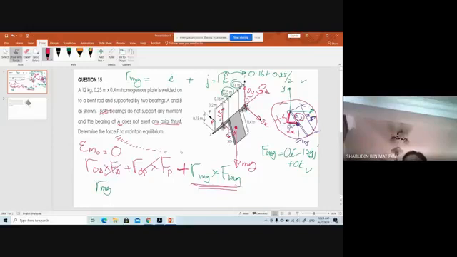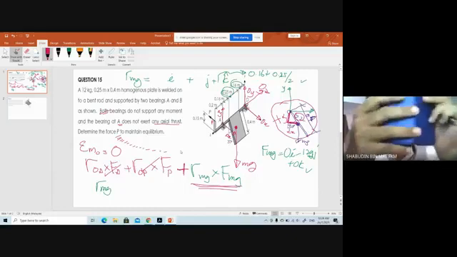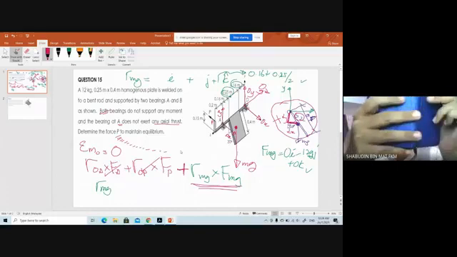How to solve this in 5 minutes? 10 minutes? Can you give an idea?